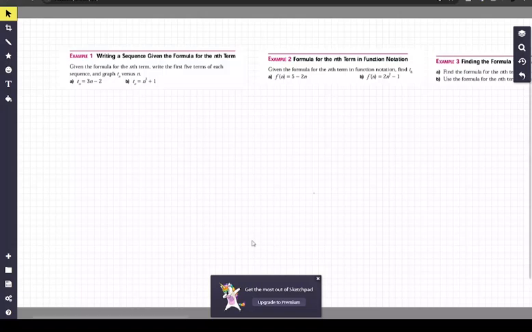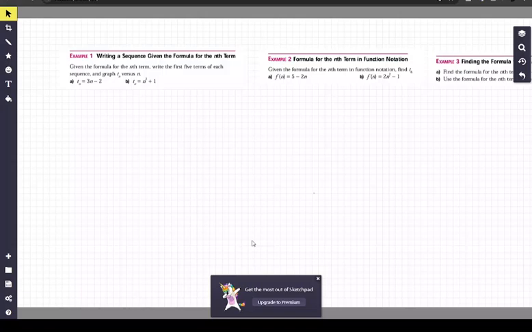We're going to talk all about sequences and series for around the next 3 to 5 days. So, what is a sequence? A sequence is a couple of numbers separated by commas, arranged in a certain order.